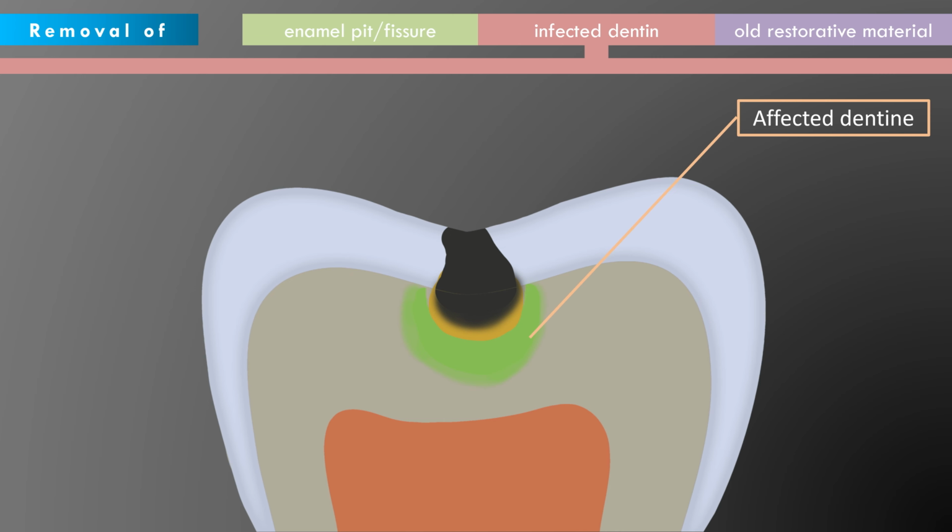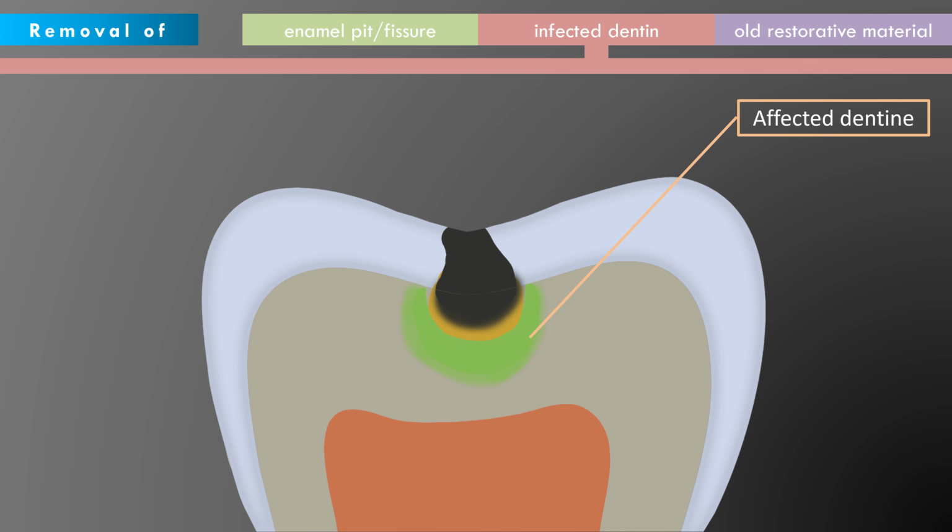And below the infected dentin, there is something called the affected dentin. The affected dentin may have a few bacteria, but they are not high in bacterial count like that of the infected dentin. That means that the part of the dentin is affected by the chemicals or the acids created by the microorganisms, and there is not a complete collapse or complete loss of the organic and the inorganic structures.